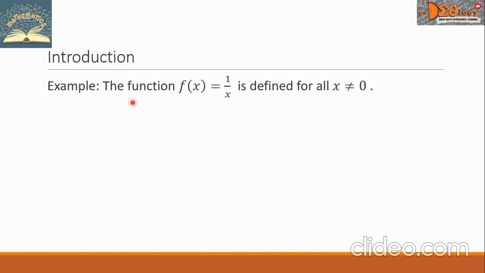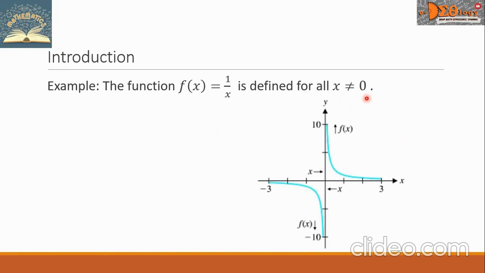For example, the function f of x equals 1 over x is defined for all x not equal to 0. Consider the graph of the function 1 over x, and this is the graph in blue.